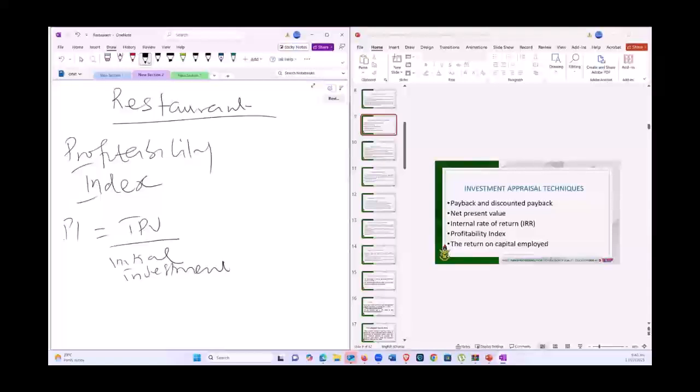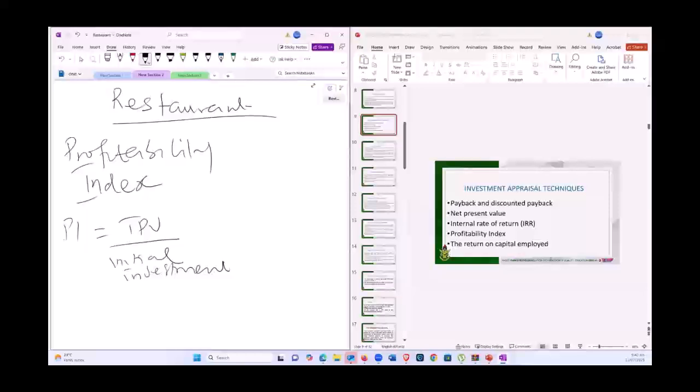When you're using profitability index, unlike the net present value where you subtract the initial investment from the total present value, this time you express the two as a ratio. So let's go to our NPV figures.